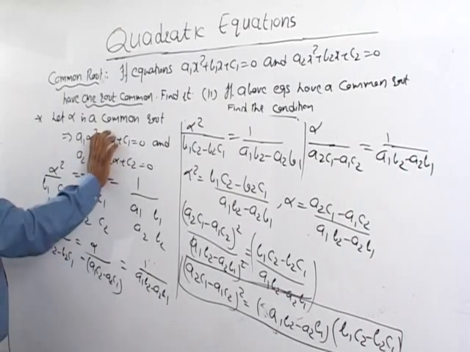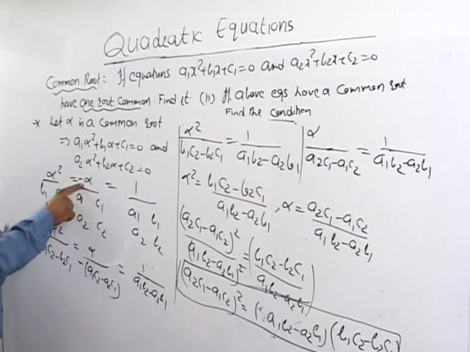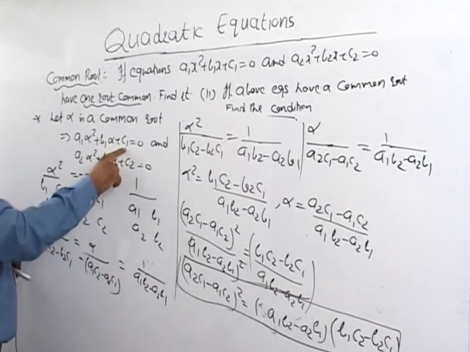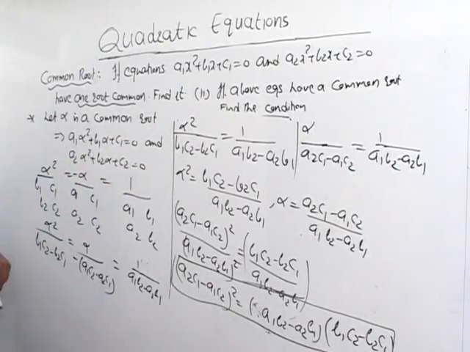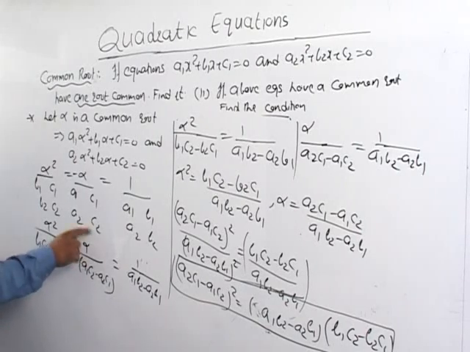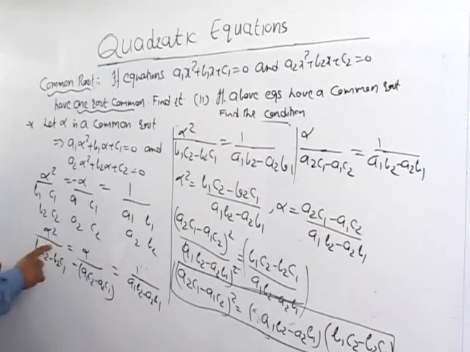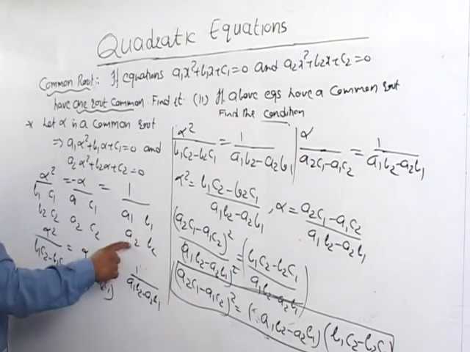Then keep your finger on alpha and I get a1 c1 upon a2 c2. Put minus alpha over here, and 1 upon a1 b1 upon a2 b2. Now we solve it. Alpha will come out to be a1 c2 minus a2 c1. Alpha square is b1 c2 minus b2 c1, and 1 upon a1 b2 minus a2 b1.